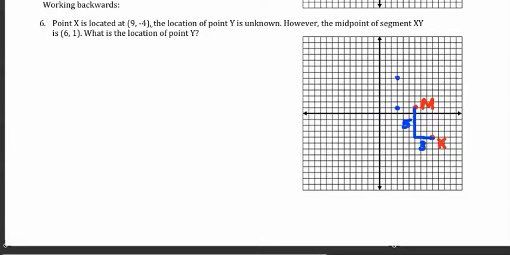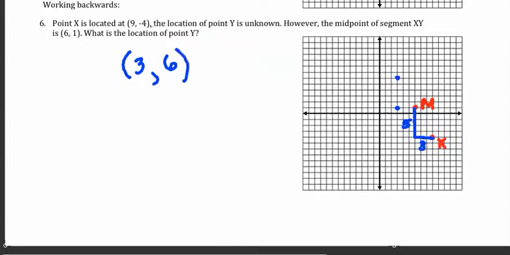And that should be the location of our other endpoint. And you can kind of see here by looking at the graph that that is accurate. So our point here is 3, comma, 1, 2, 3, 4, 5, 6.